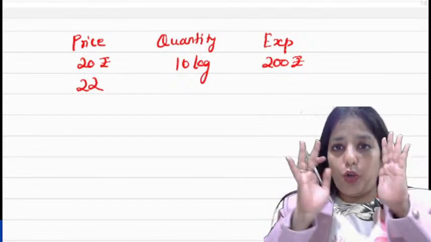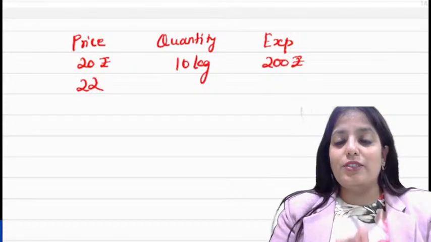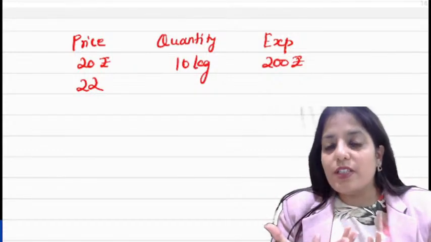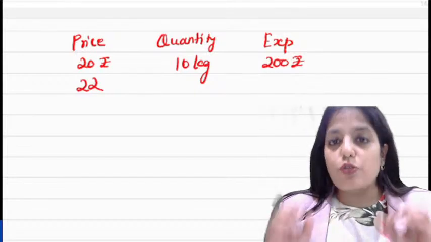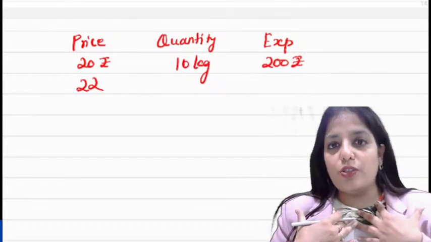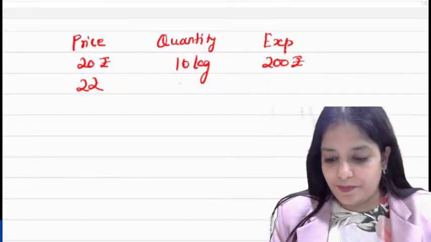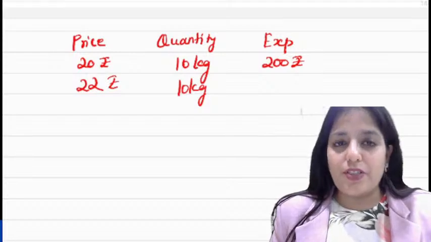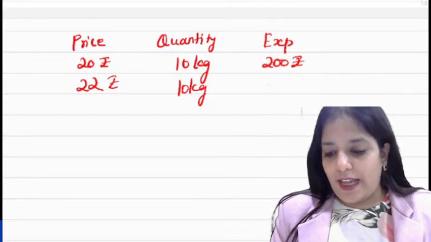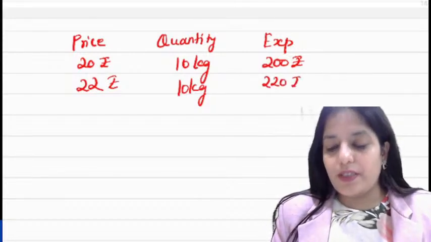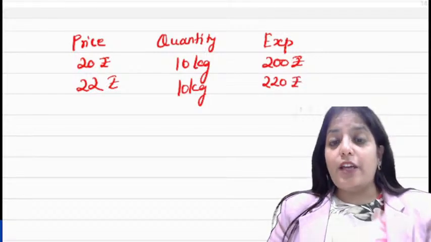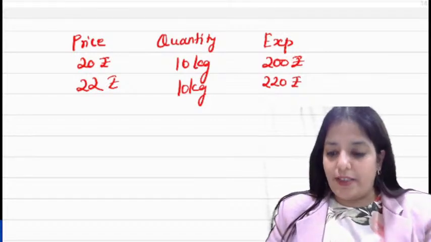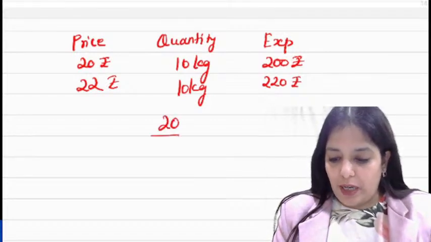Now if you want to keep the quantity consumed constant, then naturally your expenditure will increase. Yes or no? So I assume that my quantity consumed is 10 kg only. Now what will be my new expenditure? 22 into 10, that is 220 rupees. Now if I find the percentage change in expenditure, what is that? 20 upon 200.